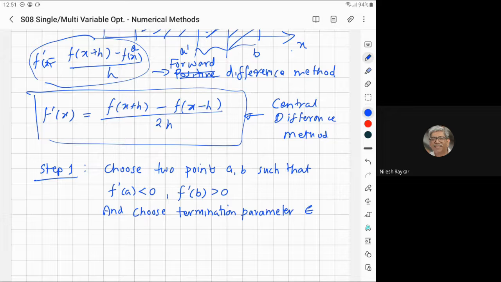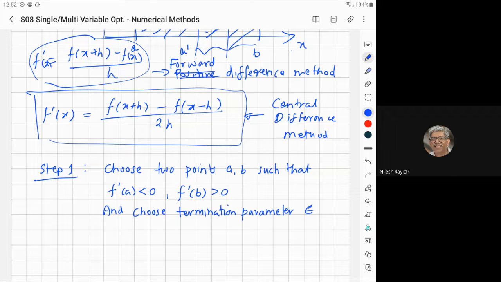That is one way. In this particular case, we are considering epsilon as the final value of the slope. At the minimum, the value of the slope f dash x should be 0. So this epsilon should be as close to 0. Rather than looking at the width, you can look at the slope value. Your region may be bigger, but by chance your midpoint happens to be very close to the minima.